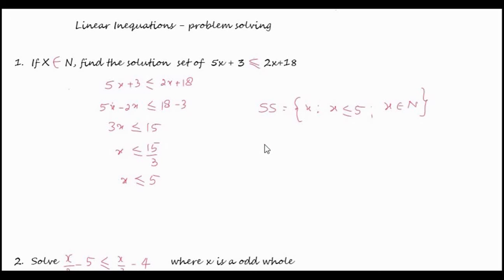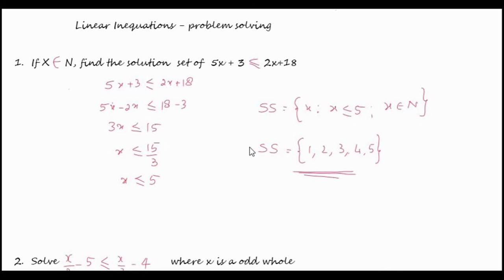If you have to represent in roster form, what are the values of x? Less than or equal to 5, including 5, and it's a natural number. So natural numbers start from 1, 2, 3, 4, and 5. This is the solution set for the above problem.